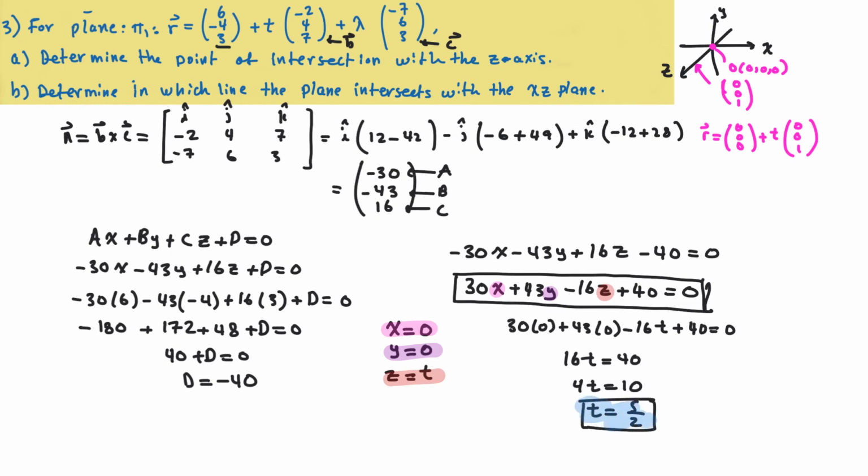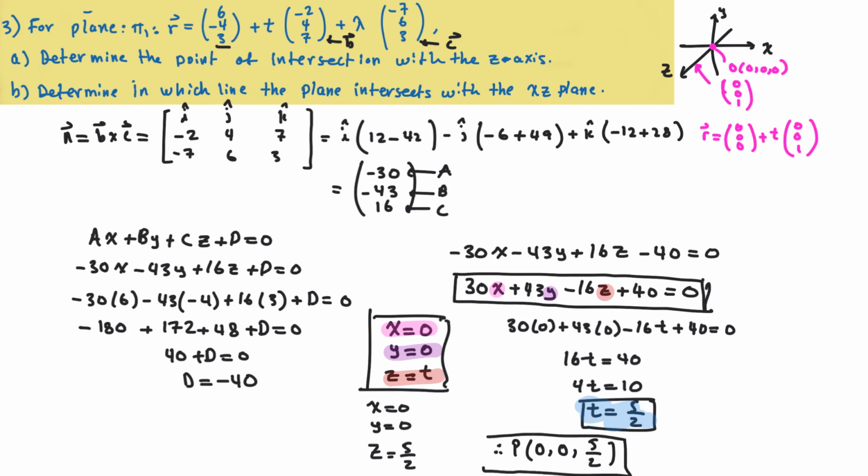That means my point of intersection, going back to my points here and plugging them in, my x value is 0, my y value is 0, and my z value is t, or 5 over 2. Therefore, the point of intersection here will have an x value of 0, y value of 0, and z value of 5 over 2.